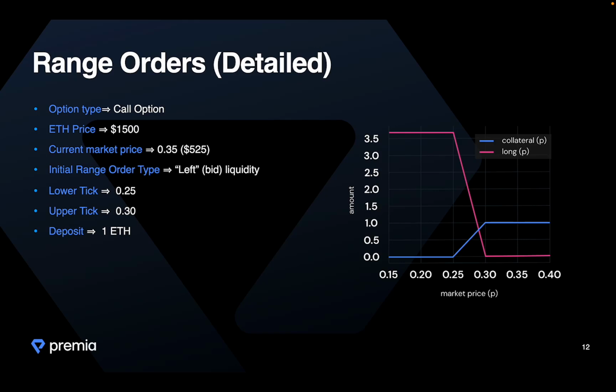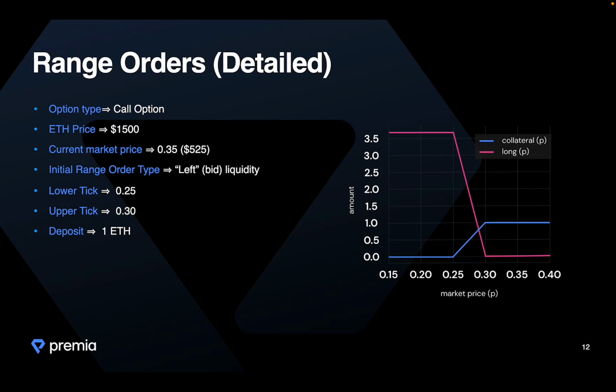In dollar terms, that'd be roughly $525. This is going to be a left side order, or what we call bid liquidity. The reason for this is because the market price is 0.35, and our range order is between 0.25 and 0.30, so it's completely to the left of the current market price.